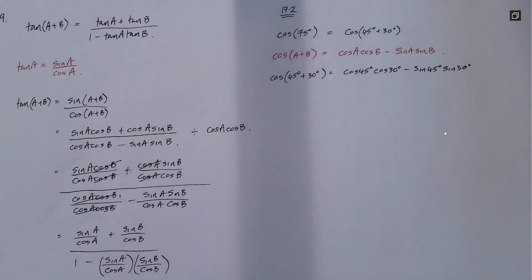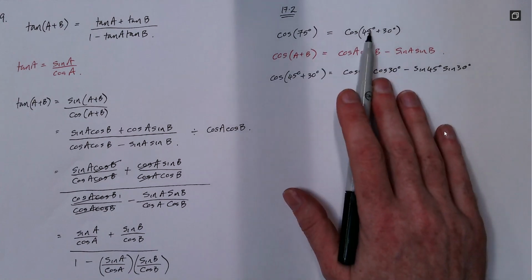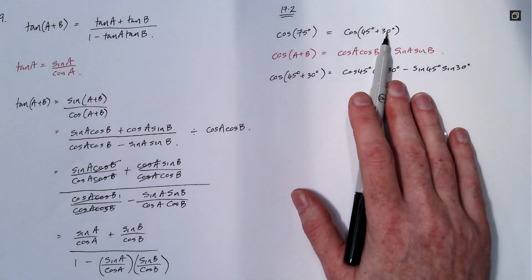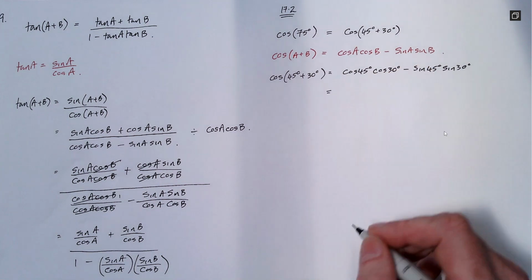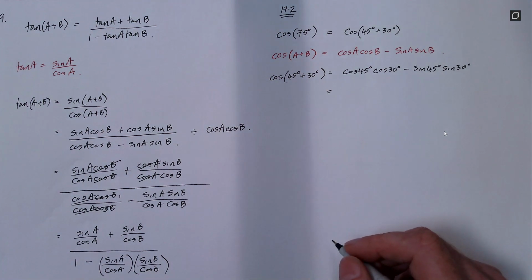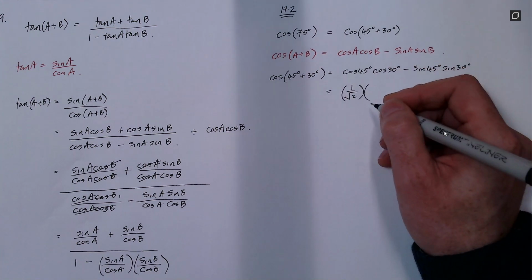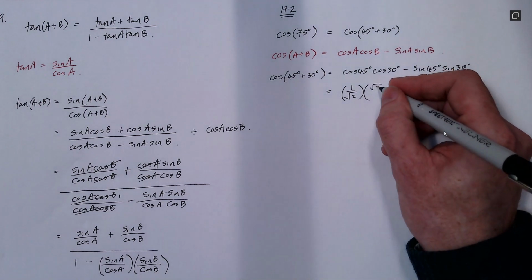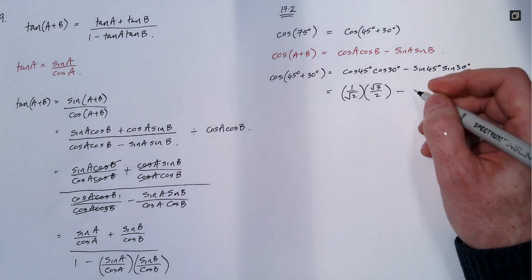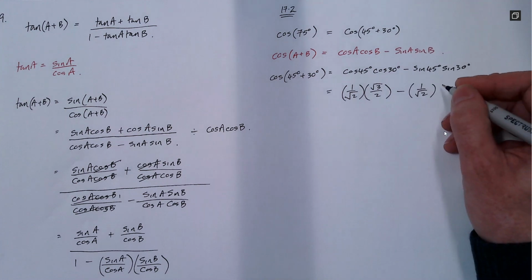To reach 75 degrees, we use the formula cos of A plus B, where A is 45 and B is 30. Now from the table, cos 45 degrees is 1 over square root 2, cos of 30 degrees is square root 3 over 2, minus sin 45 is 1 over square root 2, and sin 30 is 1 over 2.